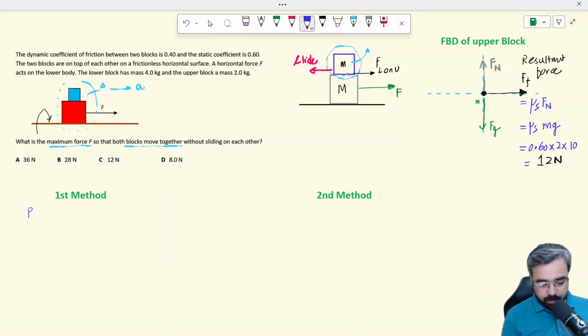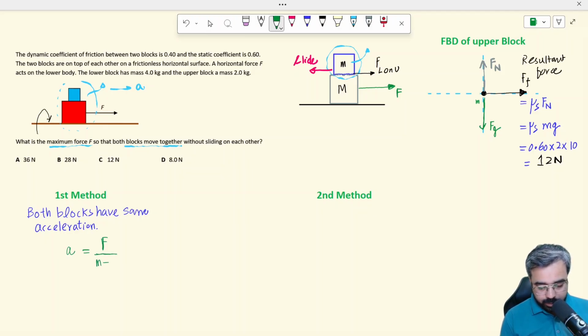Since you know that both blocks have the same acceleration, as mentioned in the question, a must equal F, the maximum applied force, divided by the total mass of the system, that is m plus big M. Why am I saying this is the big F? The reason is that all the other forces than this F are balancing each other inside the system.